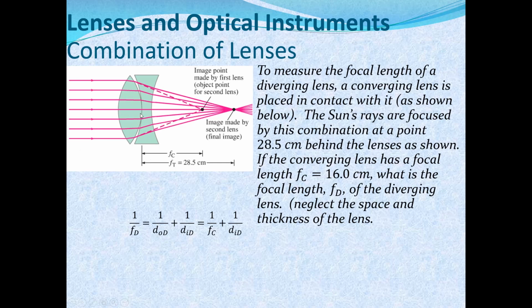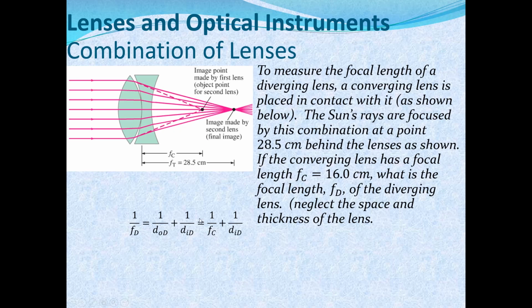We know that the focal length of the diverging lens is pretty much going to be coming from this equation, which is our lens equation. Our object distance to the diverging lens is going to be the distance between the diverging lens and the focal length.